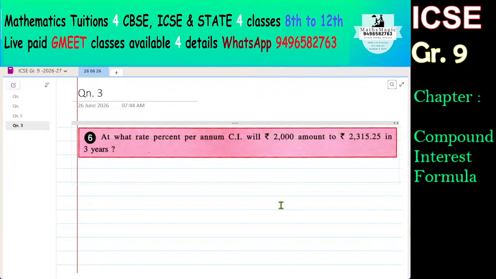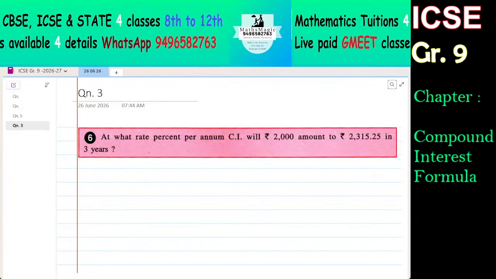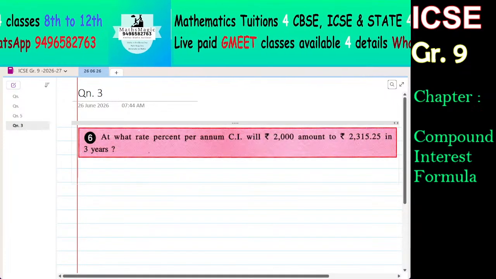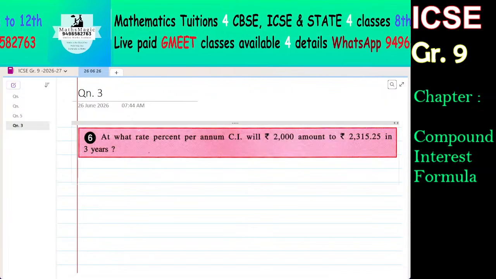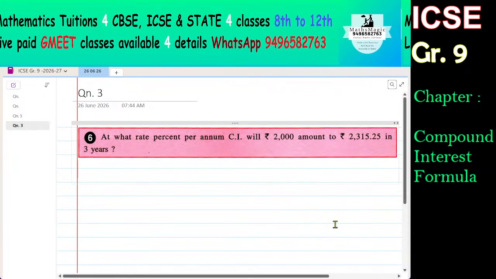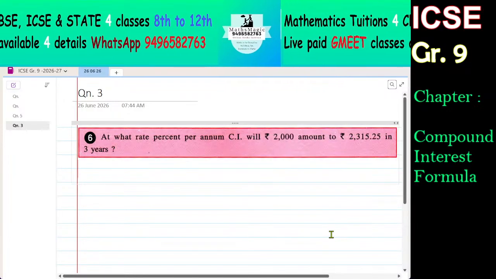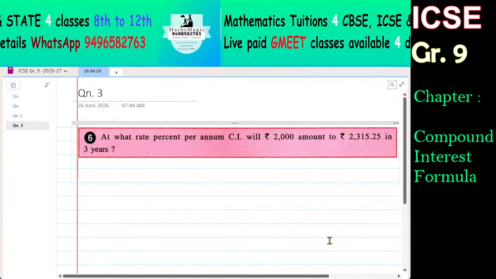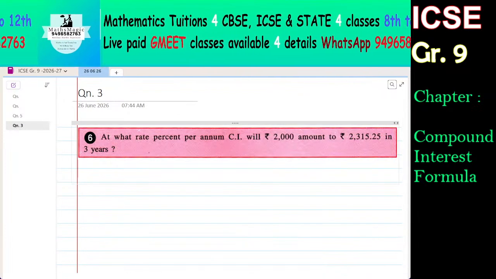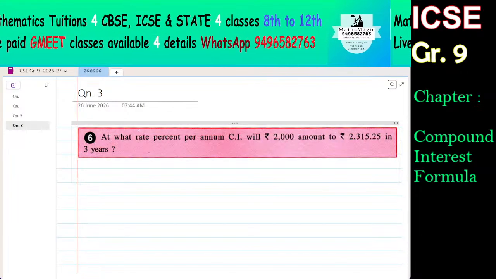So you have 2000 rupees, you deposited it for a period of 3 years at some rate percentage, and you have the final amount as 2315.25. Use the same formula for compound interest. Use your brain and try to simplify it as far as you can.